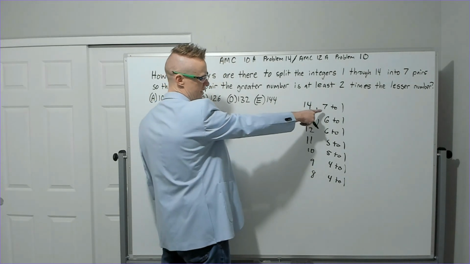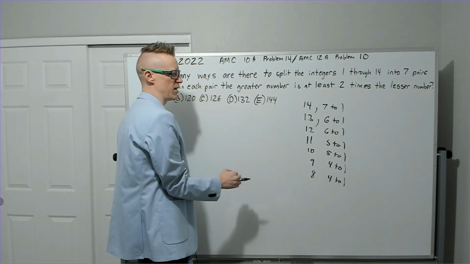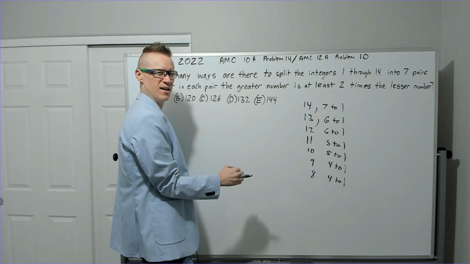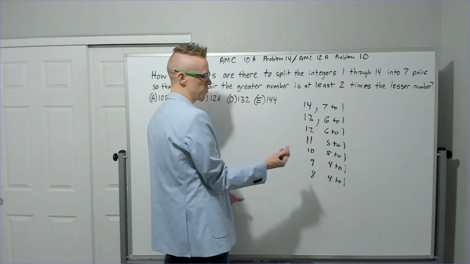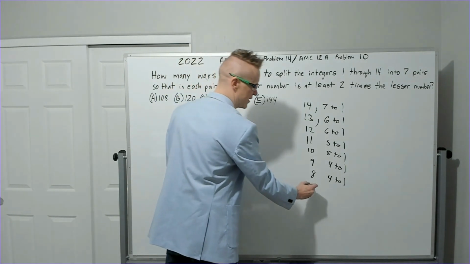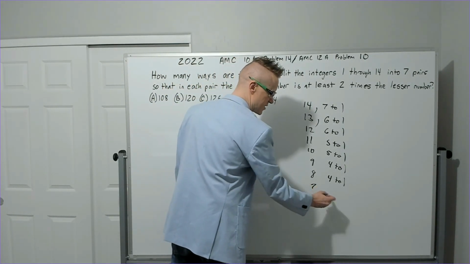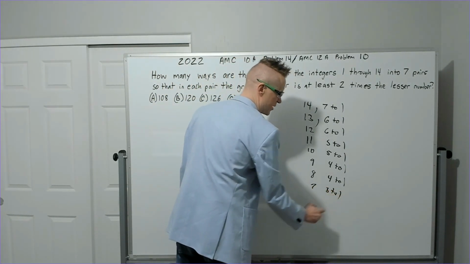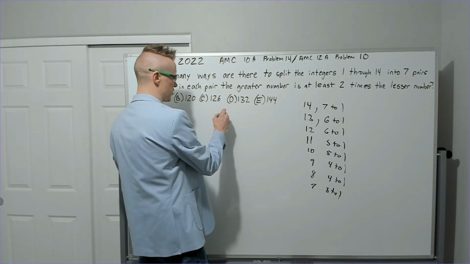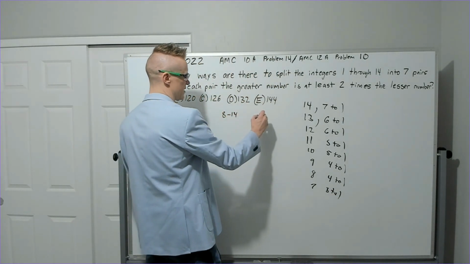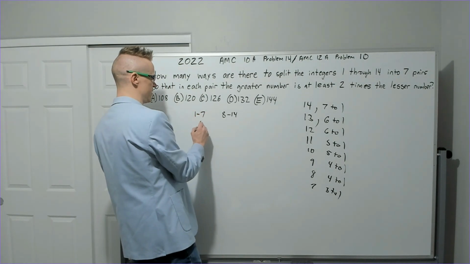So I think 14 actually would have to go with 7 now that I think about it, because what else would 7 go with? Again, if I tried to pair 7 with something smaller like 3 to 1, think about the numbers from 8 to 14, there's 6, and from 1 to 7, there's 6.